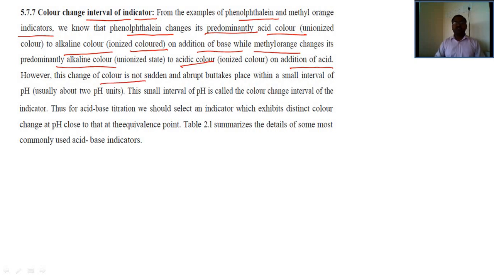However, this change of color is not sudden and abrupt, but it takes place within a small interval of pH. This small interval of pH is called the color change interval of the indicator.